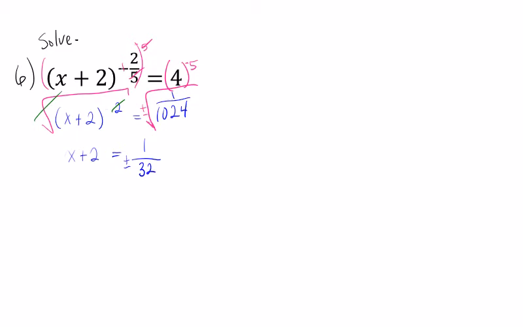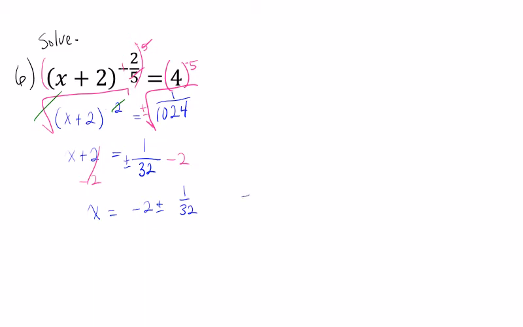Okay, and so then we could subtract 2 from both sides, and so we end up with x equals, now let me write it like this for a second, -2 plus or minus 1/32. And so remember, we're going to have two answers here, and we can simplify this.